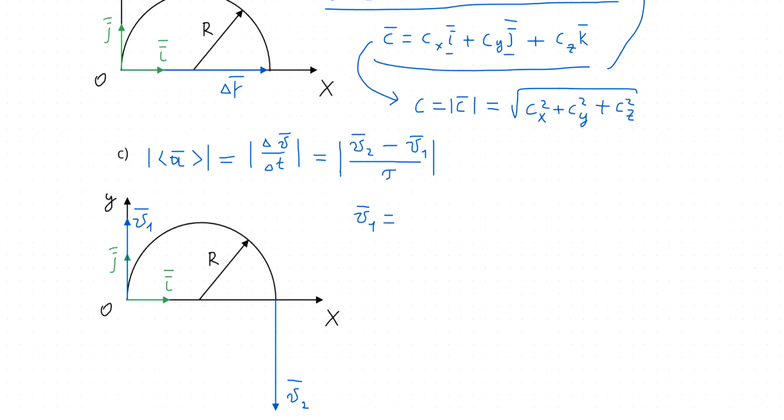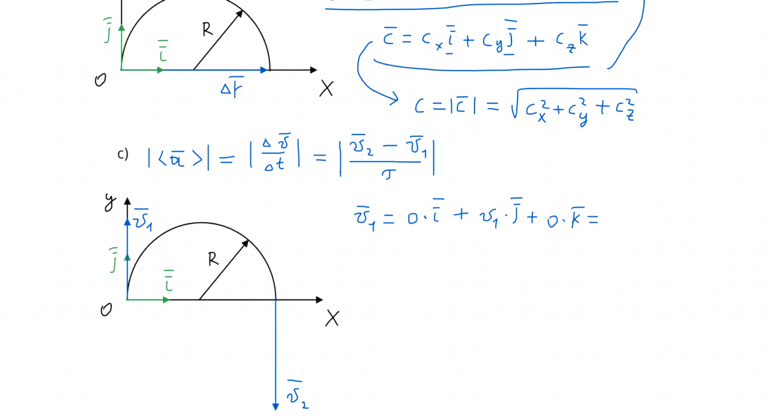So we can write that it will be equal to 0 multiplied by ort i, plus the absolute value of v1 multiplied by j, plus 0 multiplied by ort k.